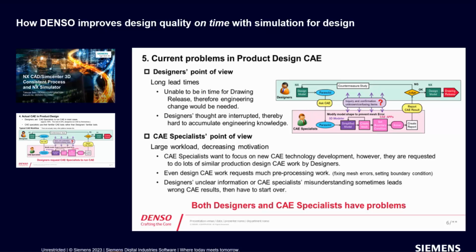So let's try to figure out how we can do the work and reduce the time and effort. The designers and the CAE specialists could have communication barriers, and the wrong information may be leading the CAE users down the wrong path, but they may do the analysis anyway and find out too late that they started down a wrong path, and then they'll have to start over. So neither the designers nor the CAE specialists are really too happy with this setup.